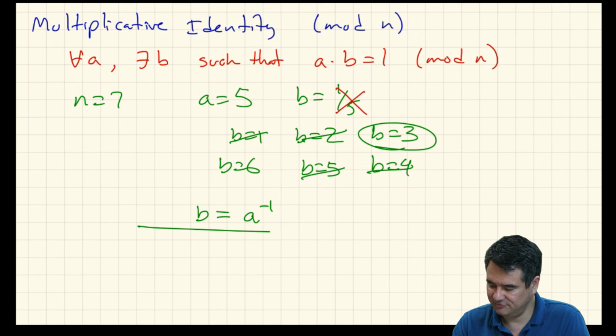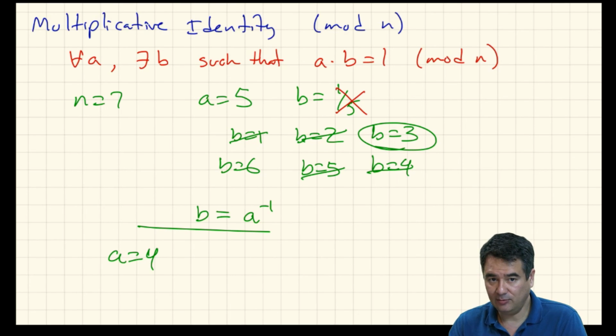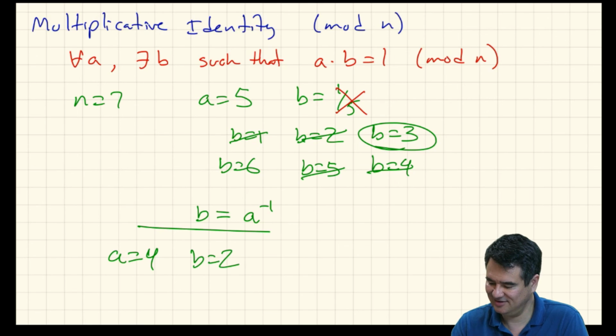Okay, we can try a different number. What if a is equal to 4? What, when multiplied by 4, gives us 1? It's not 1. It's actually 2, because when I multiply 4 times 2, I get 8, and 8 modulo 7 is 1.